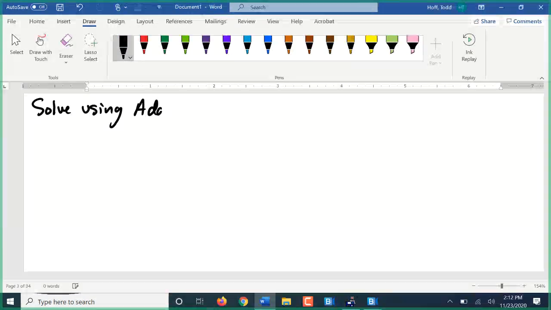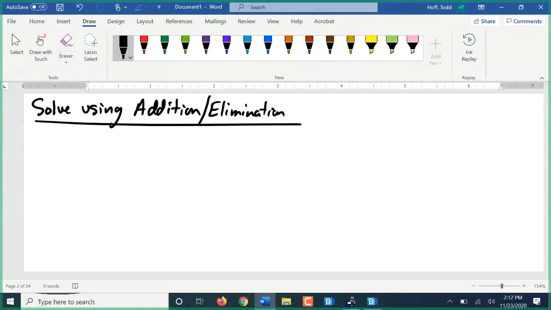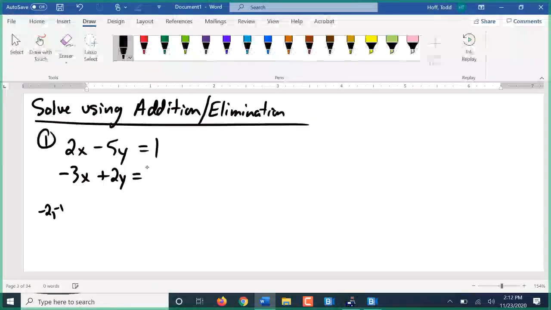I'm going to give you two examples here that I want you to solve using addition, elimination, whichever you prefer to call it. So we've got 2x minus 5y equals 1. Negative 3x plus 2y equals 4.